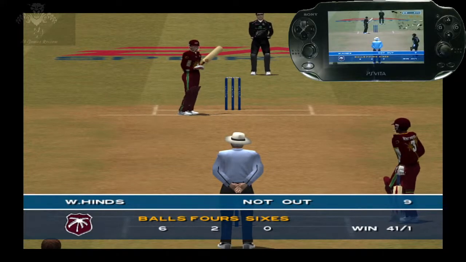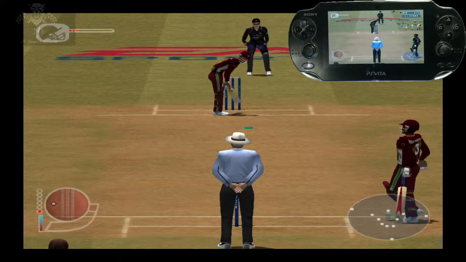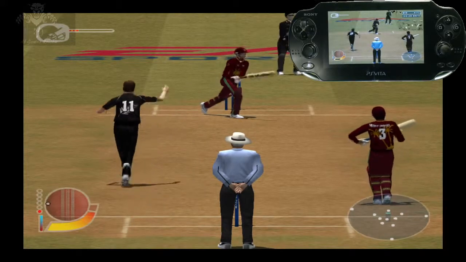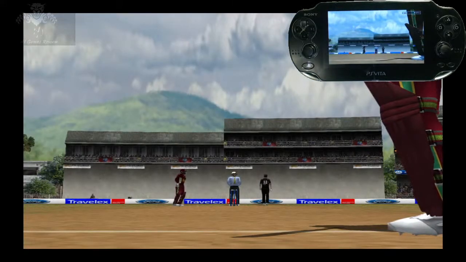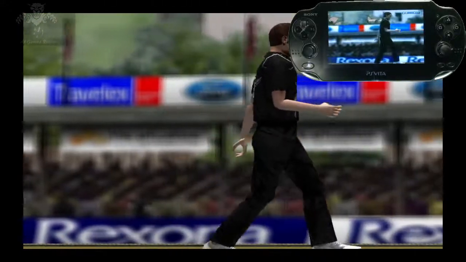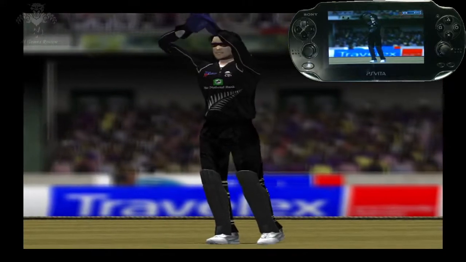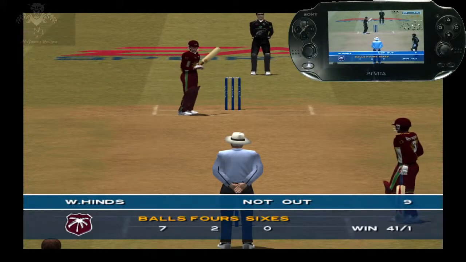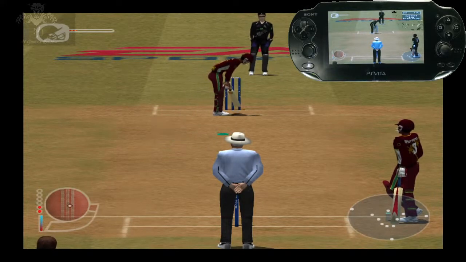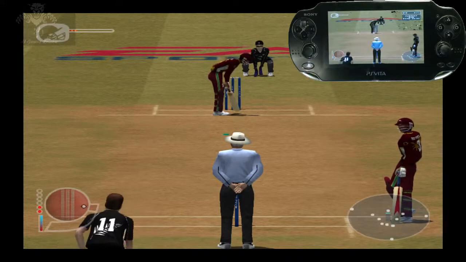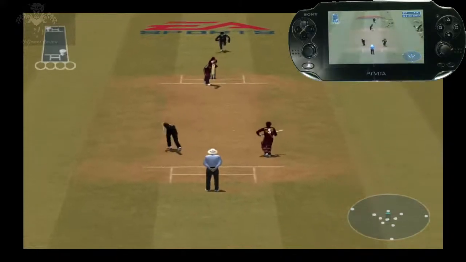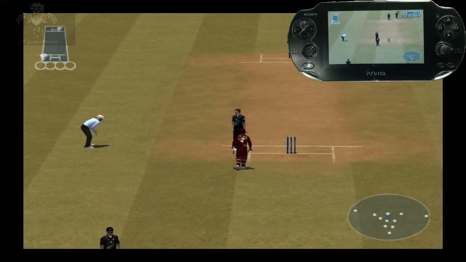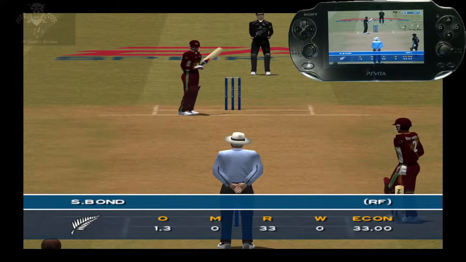Bond to Hines. Bond continues. There's just one there. Bond at the start of his run-up.